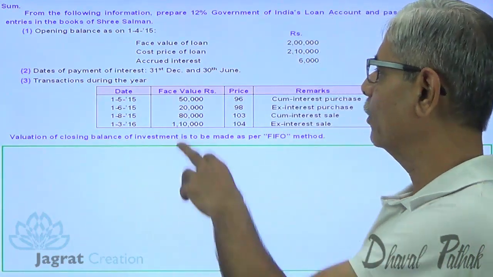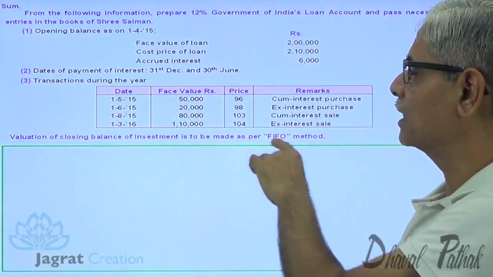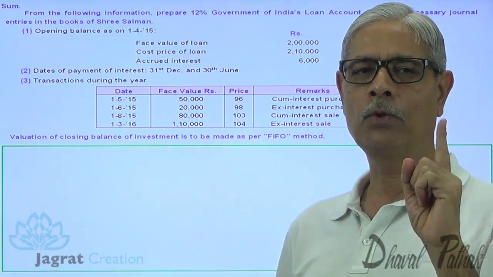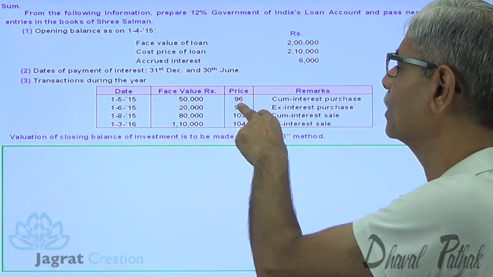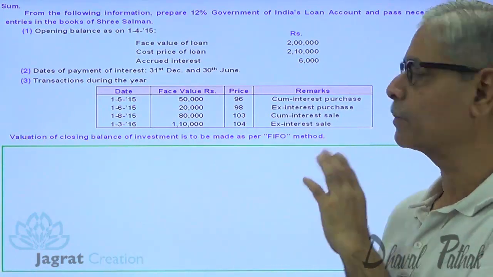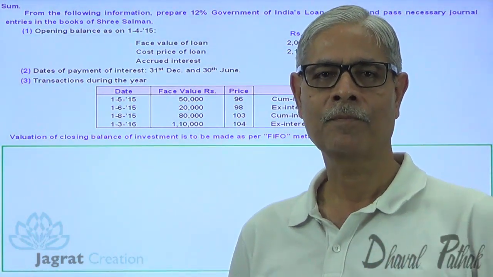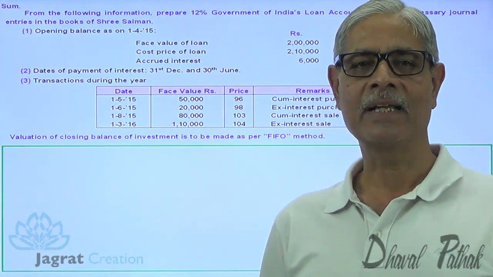Similarly, if I want to explain the cum-interest purchase, I have purchased one loan of face value 100 at a price of 96. This is cum-interest price. So this 96 includes interest element. How much is the interest element?